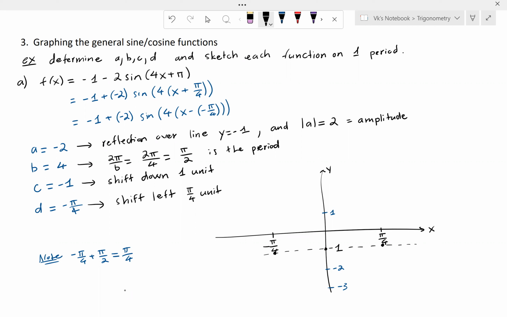And because we reflected, the fourth point is right here, and the fifth point is right here, since the amplitude is 2. Next, let's connect these through a smooth curve.